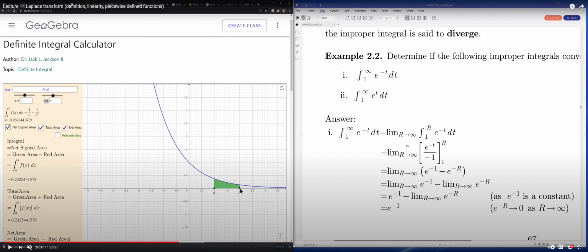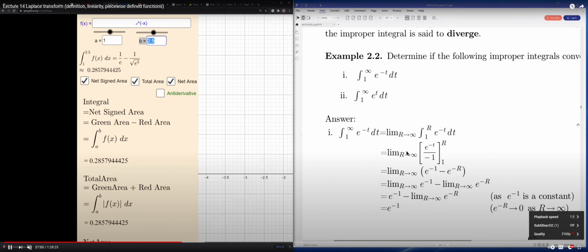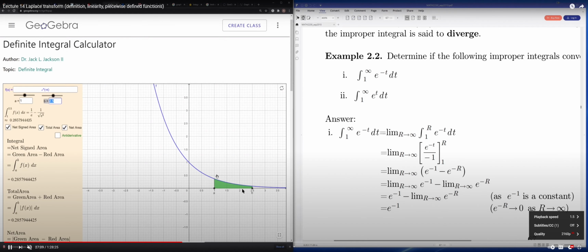Now you want to take this r and shift it along, and see what happens. So we're going to increase the r here. Notice that when you increase your r, you get a larger area.